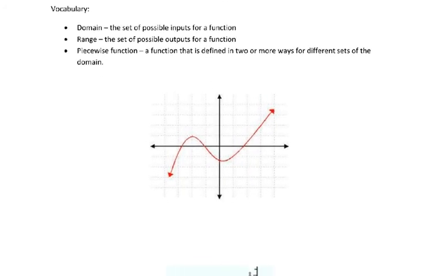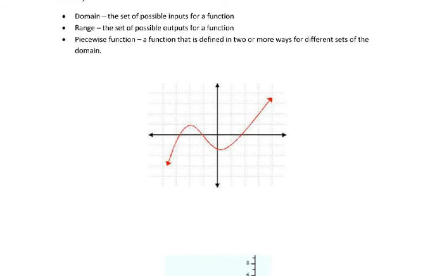So the first thing we want to do is look at this graph of a function, and we want to look at what the domain and what the range is on this. Well, the domain is going to be from the lowest x value that we have up to the highest x value that we have. But notice how I put my little end pieces here, but those are arrows.